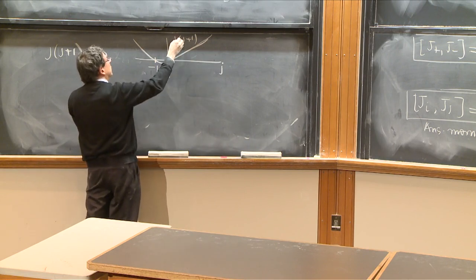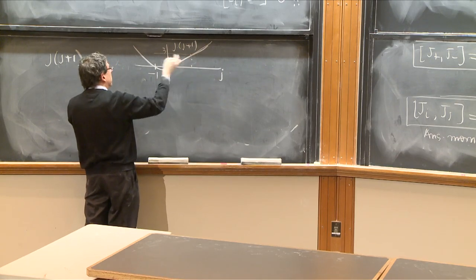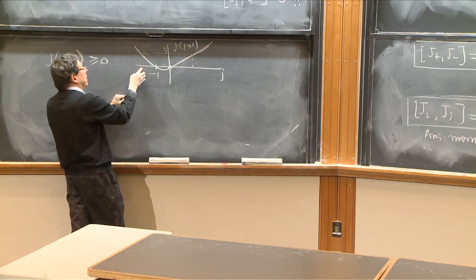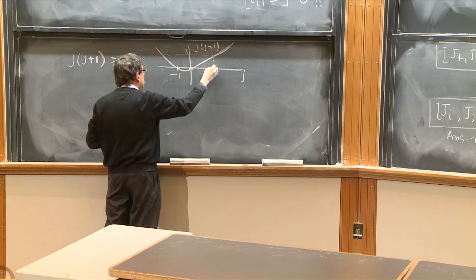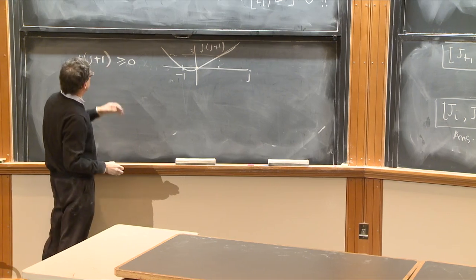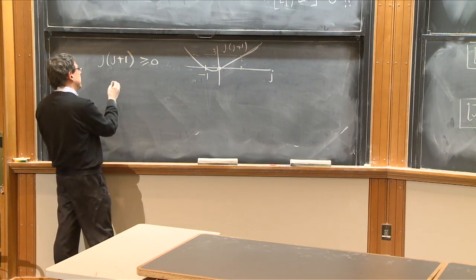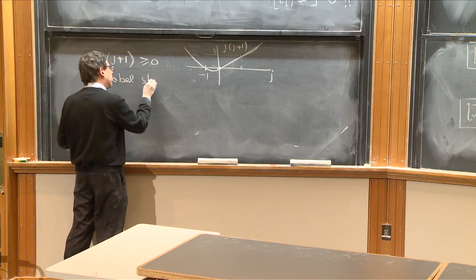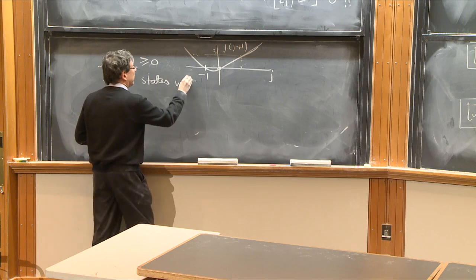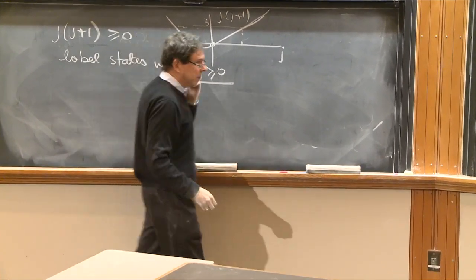So if I get J times J plus 1 equals 3, it may correspond to a J of something and a J of some other thing. I will have just one state, so I'll choose J positive. So given that J times J plus 1 is positive, I can label states with J positive or 0.